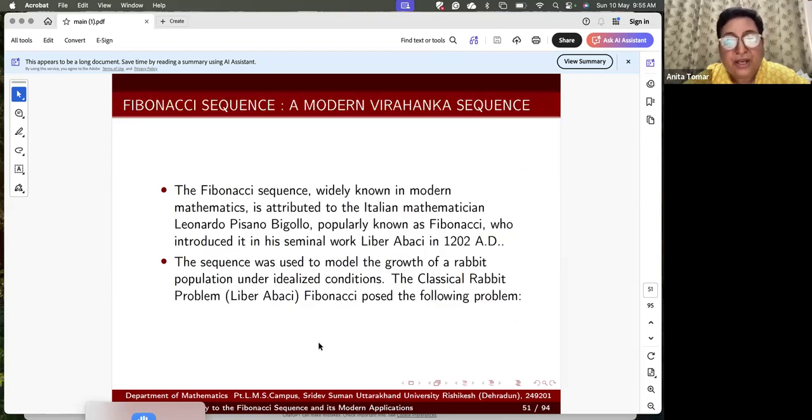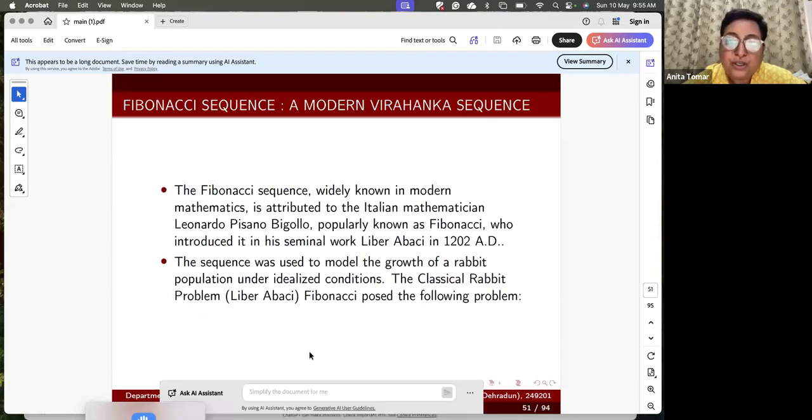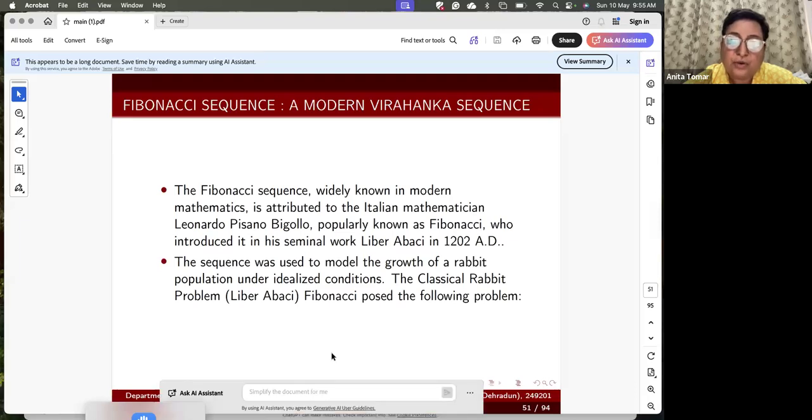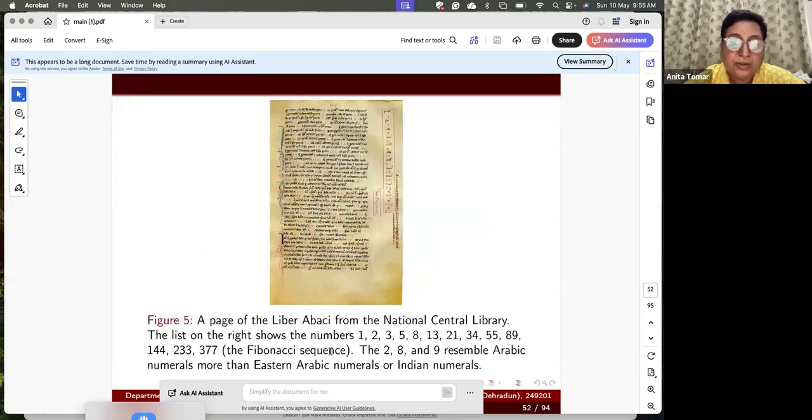So the Fibonacci sequence, widely known in modern mathematics, is attributed to the Italian mathematician Leonardo Pisano Bigollo, popularly known as Fibonacci, who introduced it in his work Liber Abaci in 1202 AD. The sequence was used to model the growth of a rabbit population under idealized conditions. In the classic rabbit problem, Fibonacci posed the following problem.